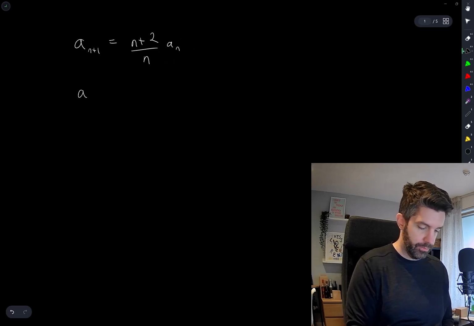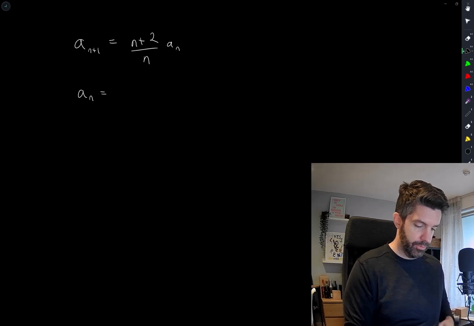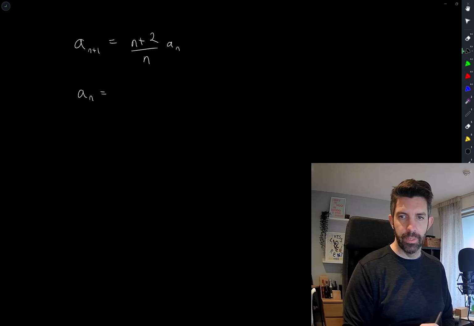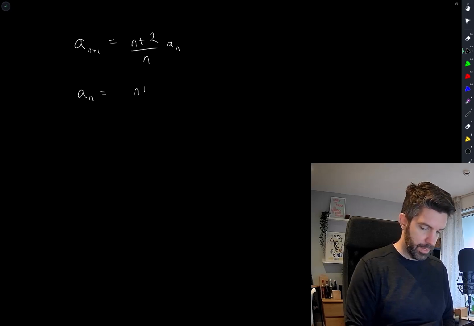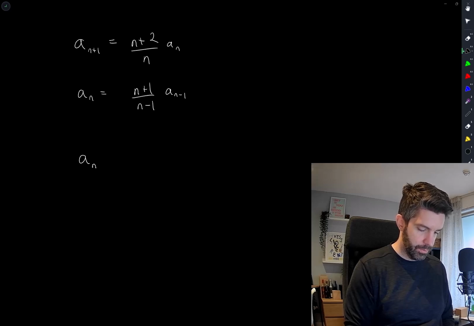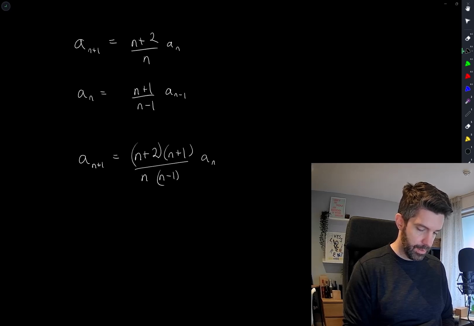All right, so this says that a_n is equal to (n+1)/(n-1) times a_{n-1}. If I substitute that into the first expression, I have (n+2)(n+1) divided by n(n-1) times a_{n-1}.